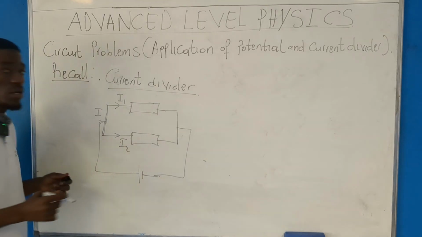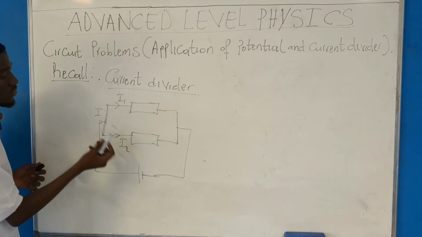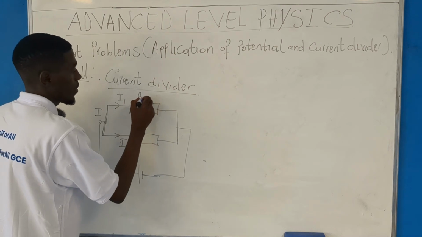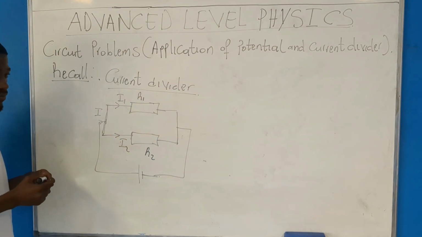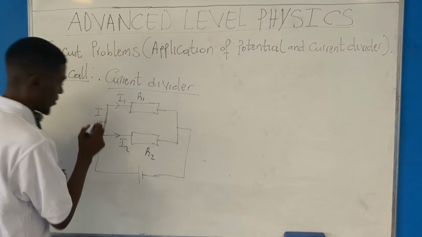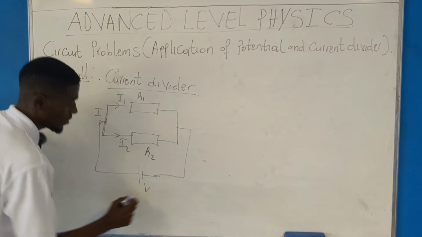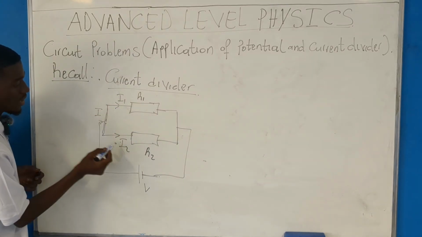So as I was saying, we apply current divider when we are having two resistors in parallel, R1 and R2. So here the PD, this is the PD here, V. The current reaching this node is being divided into I1 and I2.